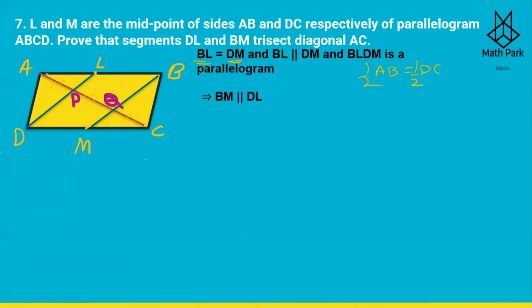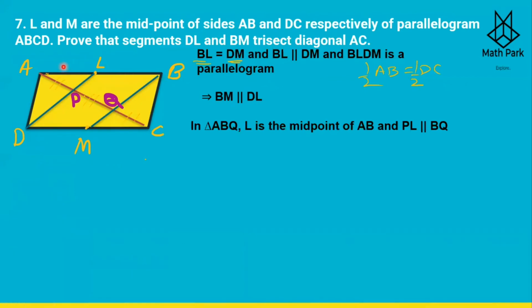Since it is a parallelogram, both pairs of opposite sides are parallel. So BM is also parallel to DL. Now in triangle ABQ, let us use the midpoint theorem.